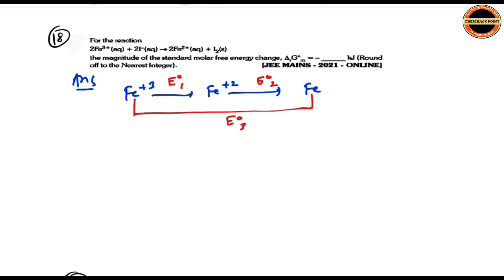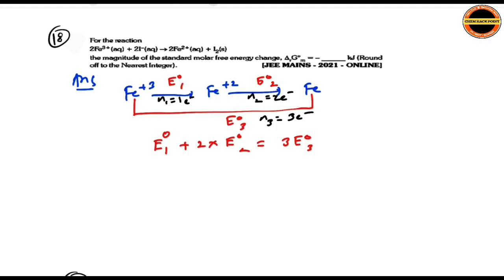According to the reaction sequence, 1 electron gained in the first step, 2 electrons gained in the second step. So what I am writing now: E01 plus 2 into E02 is equal to 3 into E03. Why? See what is the value of N? Here N1 is equal to 1 electron, N2 is equal to 2 electrons, N3 is equal to 3 electrons involved in the reaction.